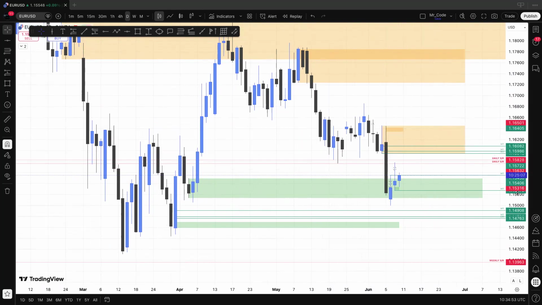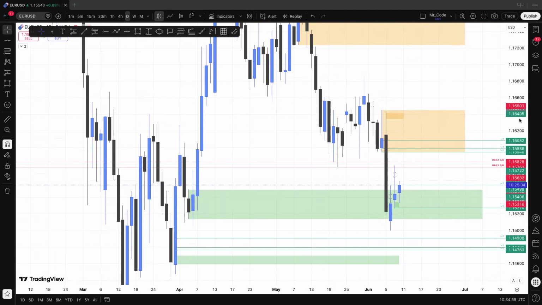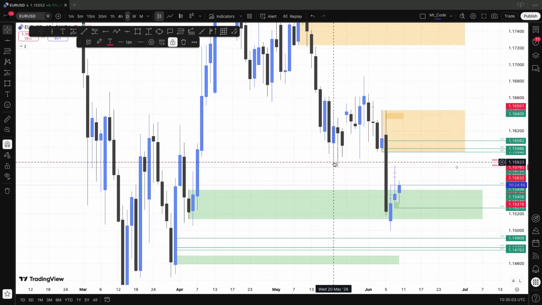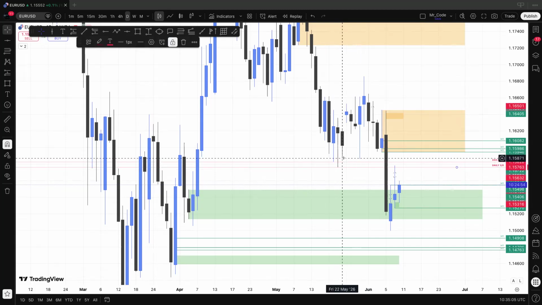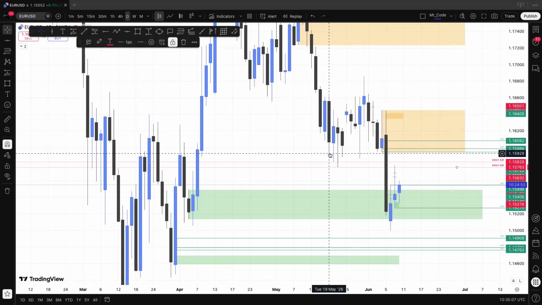And before we get to that supply, we would have to face this low, this low, this low, this low, this low, before we even touch the supply.